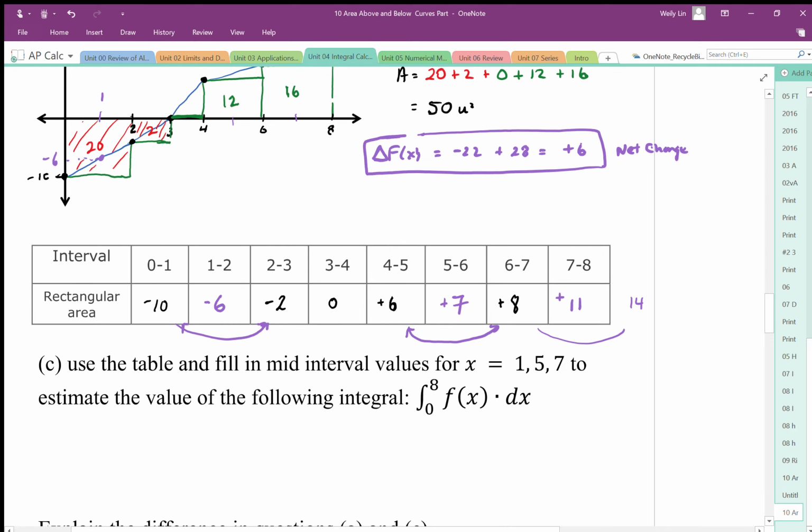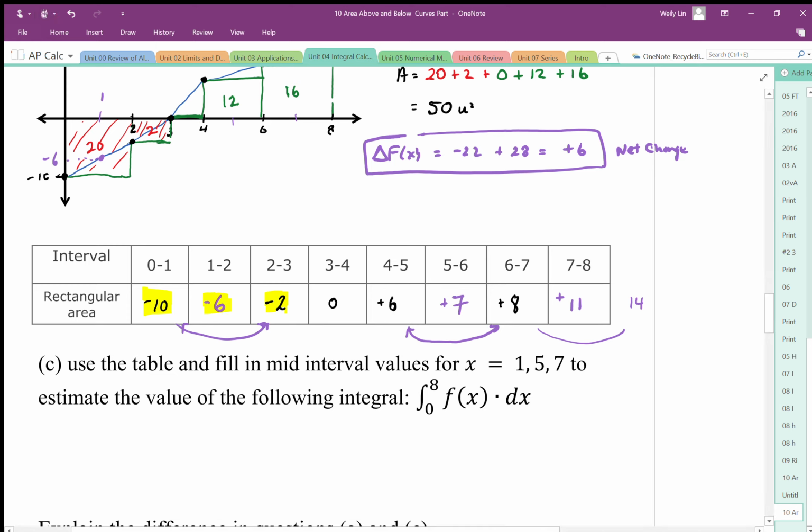So now we can use this to find the net change. Because it is an integral from 0 to 8, we want to have the net displacement, so we need to count the negative parts as negative. I'm just going to add this up.